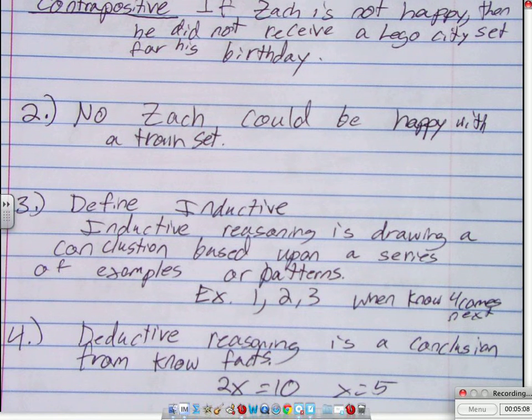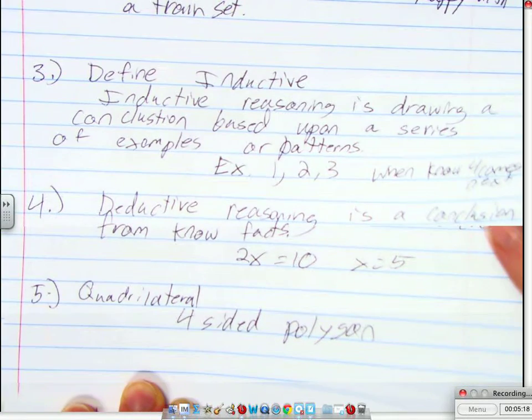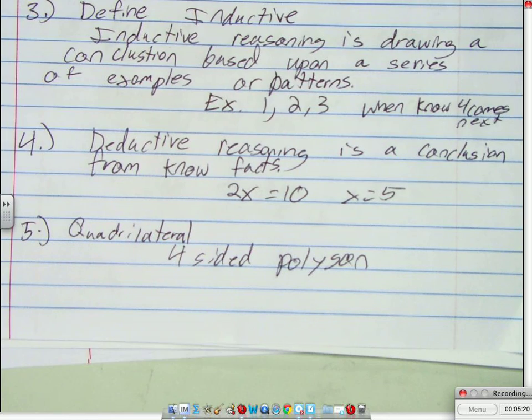All right, we're going to move to some definitions. A quadrilateral is a four-sided polygon.